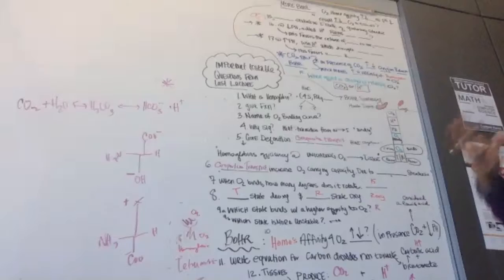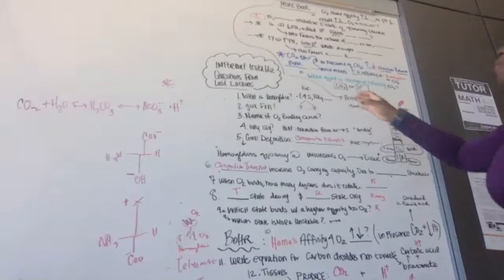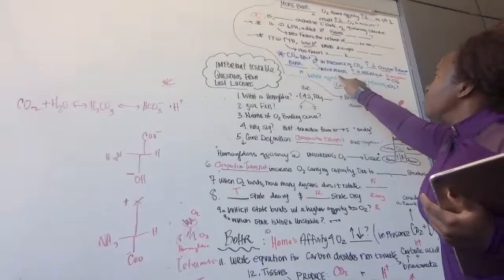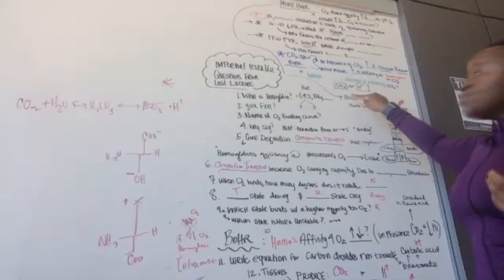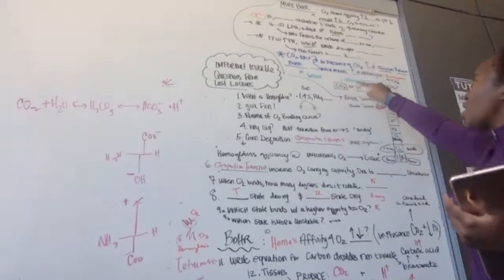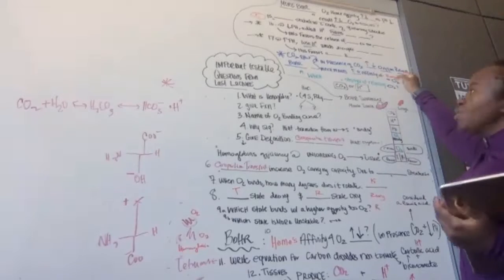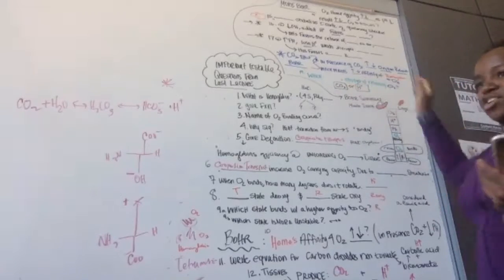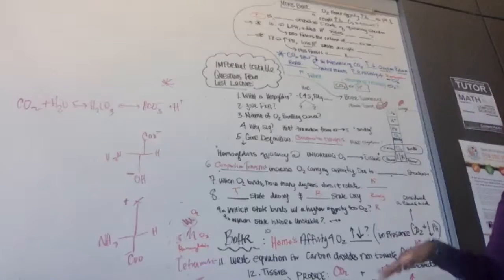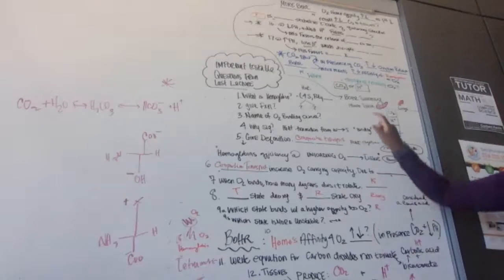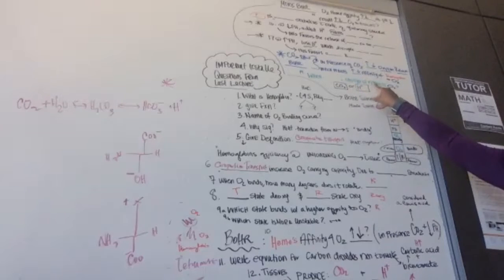Remember, you can say which is stronger at releasing O2? Is it CO2 or is it hydrogen? Remember, these are your two chemical signals, CO2 and hydrogen ion.